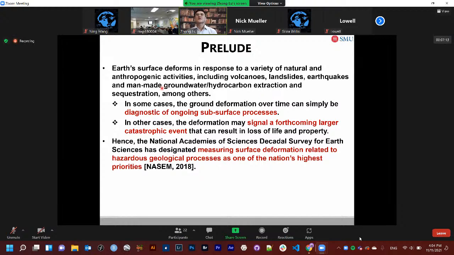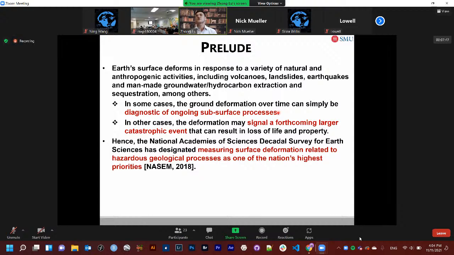The Earth's surface deforms in response to various solid Earth processes, including both natural and human processes, for example, volcanoes, landslides, and earthquakes, as well as anthropogenic groundwater, hydrocarbon interactions and sequestrations.